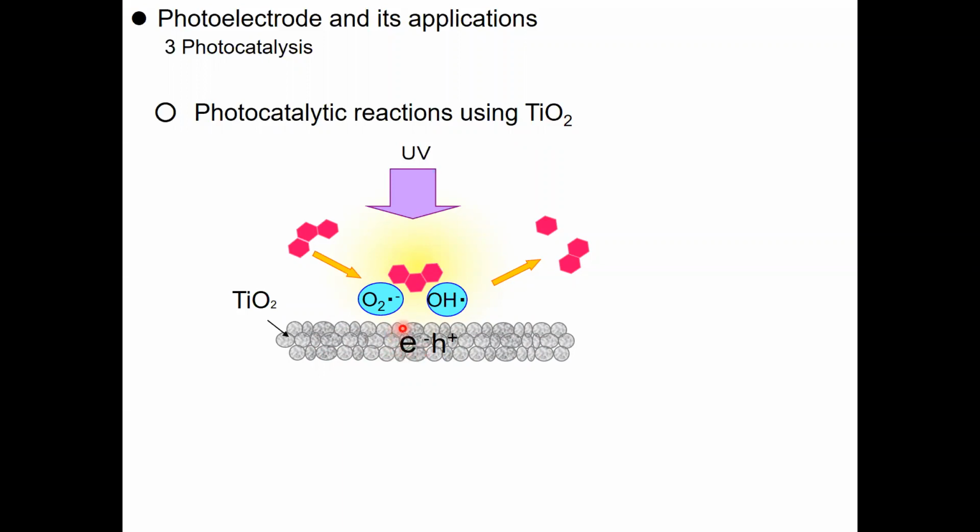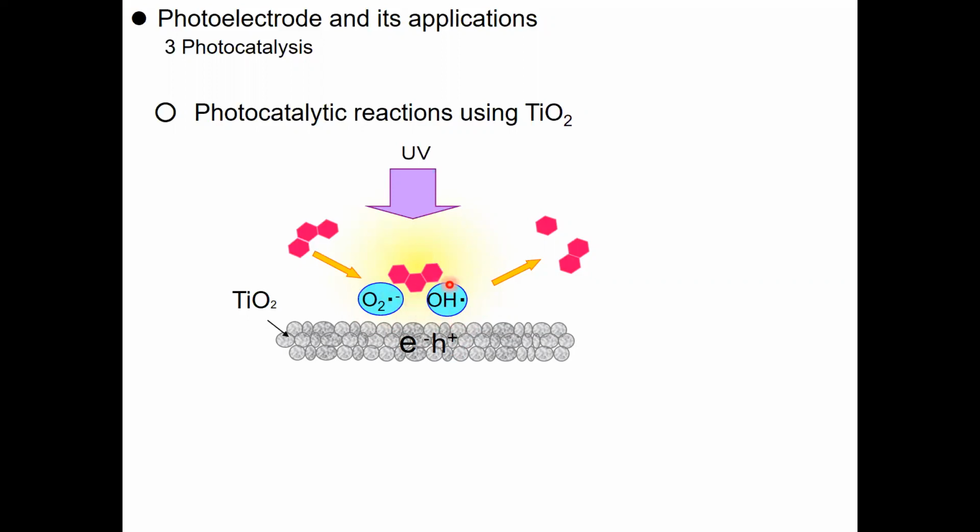And these electrons and holes generate radical species in water. There are many different types of radical species known, such as this O2 minus radical, which is called superoxide radical. And this one is the OH radical.